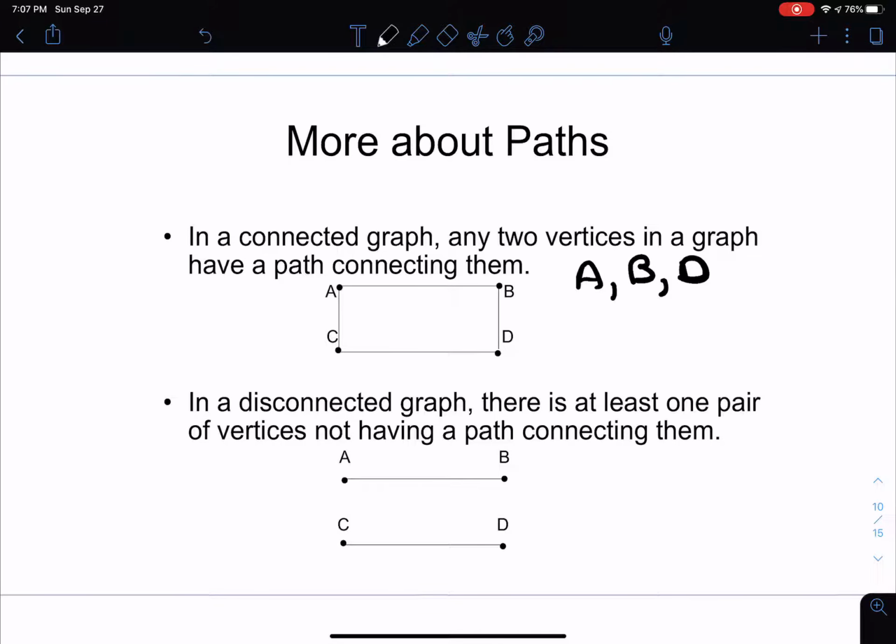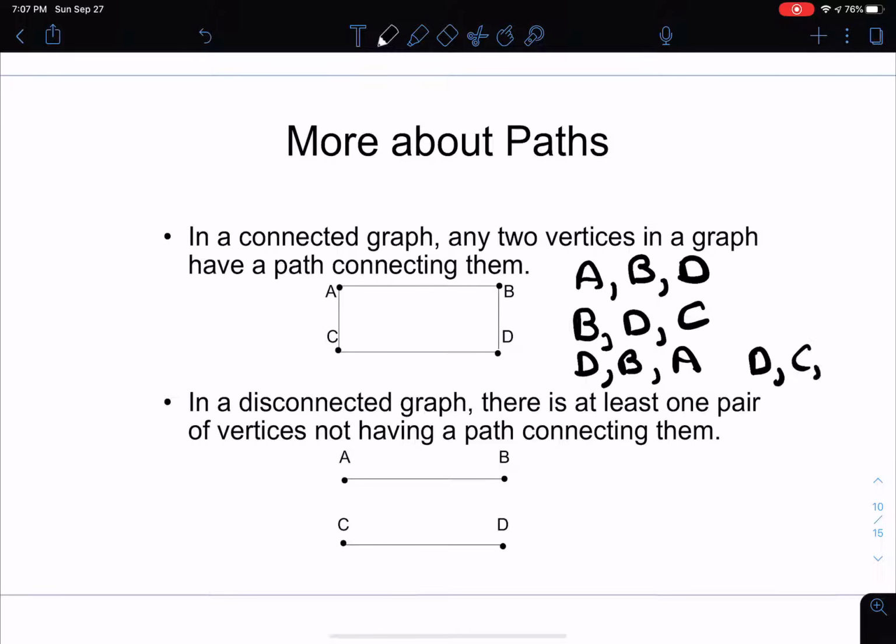Or from B, you could go B to D to C. From D, you can go D to B to A. Or you could go D, C, A. So that's a connected graph.